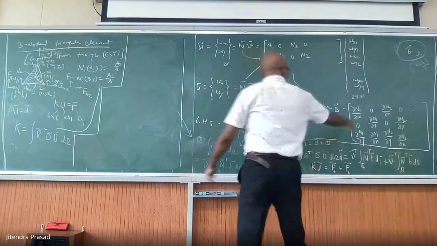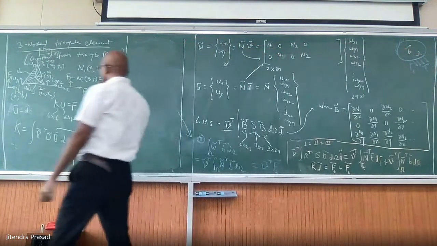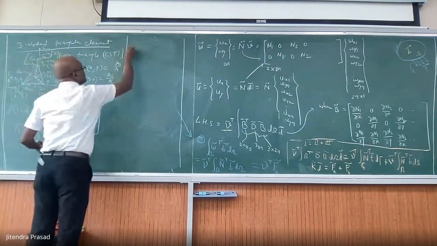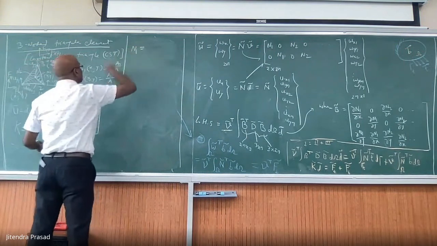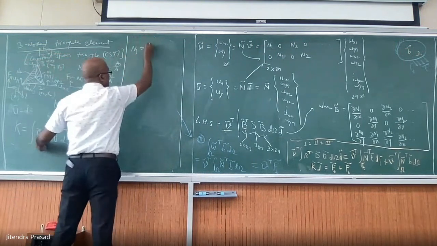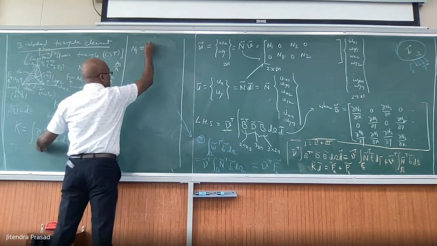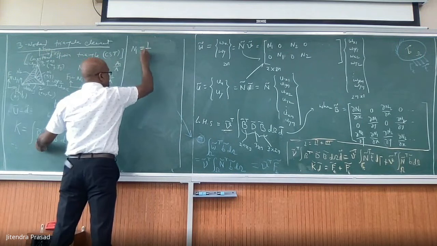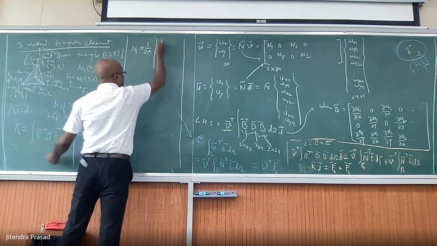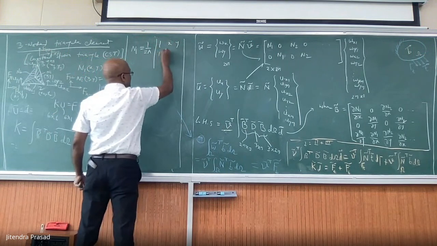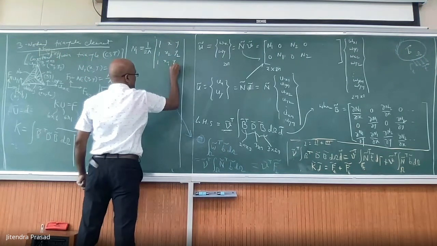So del N1 over del x will be equal to, for example, N1 is equal to, first you can write 1 over 2 times the area of the triangle, then the determinant of 1 x y, 1 x2 y2, 1 x3 y3. You write like that, right?